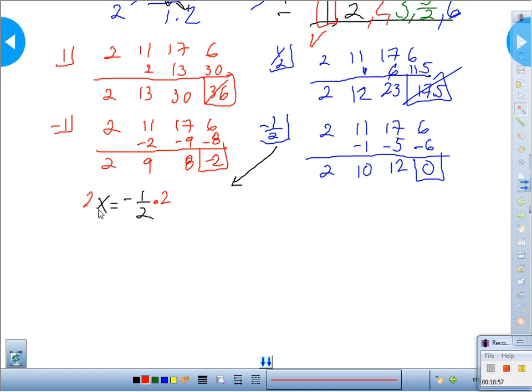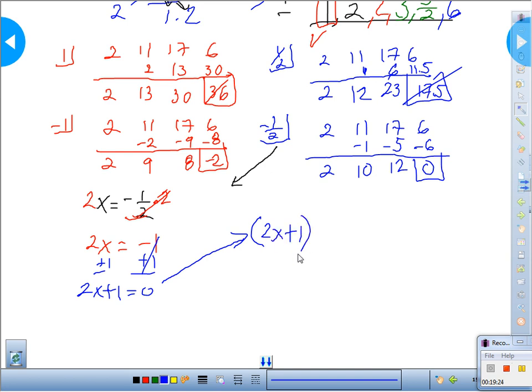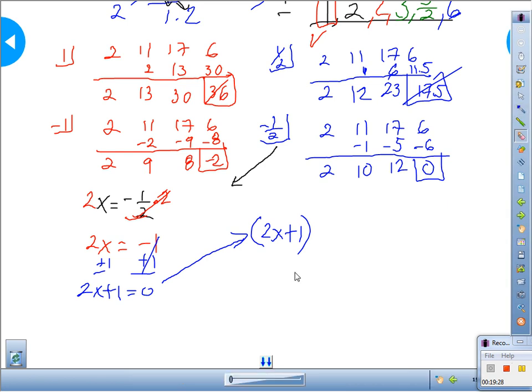Times 2, times 2. Now I have a giant 1 there, yes? So I end up with 2x equals -1. How do I get rid of that -1? Add 1, add 1. We end up with 2x plus 1, and all that equals 0. Therefore, the 0 that I just found is written as 2x plus 1. Got that, Alex? Very good.